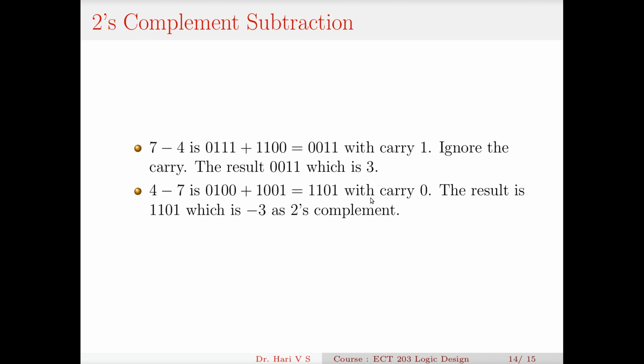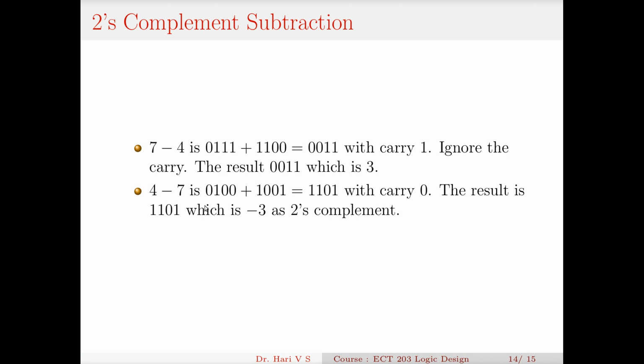Forget about the carry, you don't have to worry about it. So this first number is a 1, meaning that is a negative number, 101. So this is a 2's complement representation. You subtract 1 from this, it becomes 100. If you take the complement of that, it becomes 011, which is minus 3, which is correct.